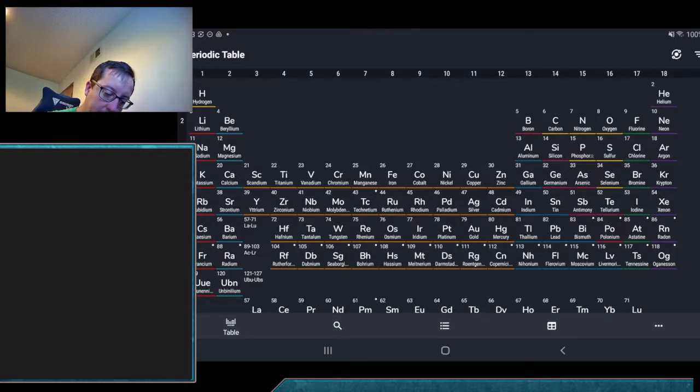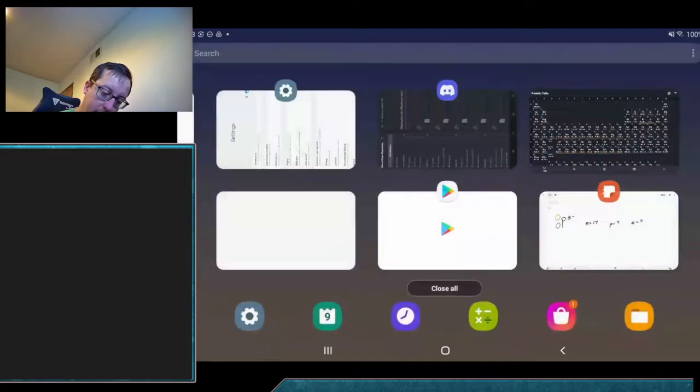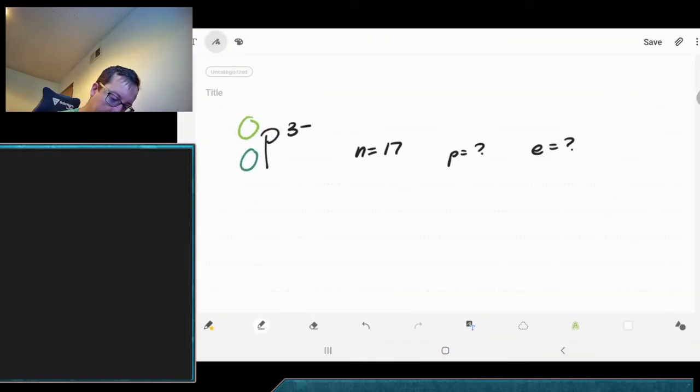The periodic table says phosphorus has an atomic number of 15. Great, so we can use that. If we know our atomic number is 15, that tells us the number of protons, right? And so, we can now fill a little bit more into our symbol, knowing we have 15 protons.